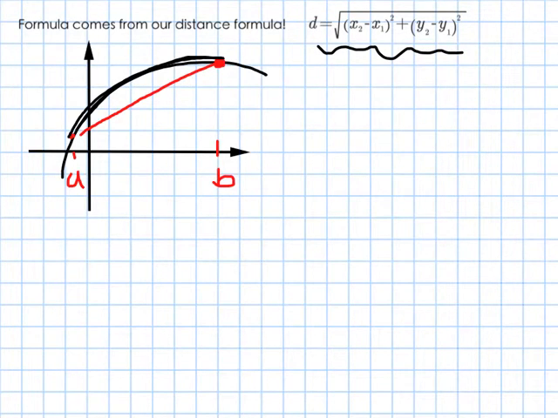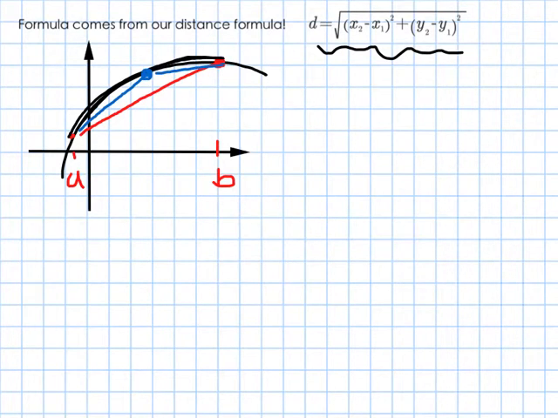To better our approximation, instead of just connecting the endpoints, I can make another segment. Let's say I cut the interval halfway and start connecting points at that midway mark and find the length of those 2 blue lines. The length of the 2 blue lines, collected together, will better approximate the length of the curve than the red line did.